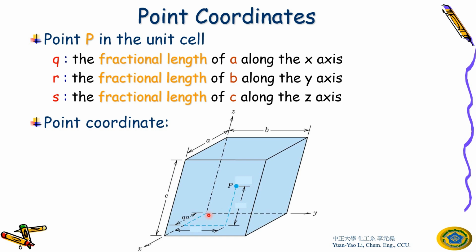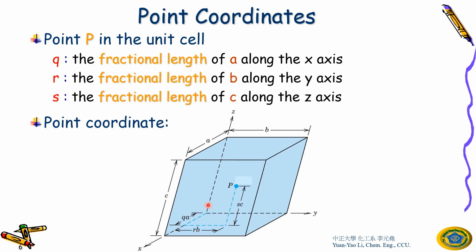And the length of the y-axis is b, and r is the fraction, so here you use rb, right? And the length of the z-axis is c, and the fractional length of c is s, so you use sc here, right?